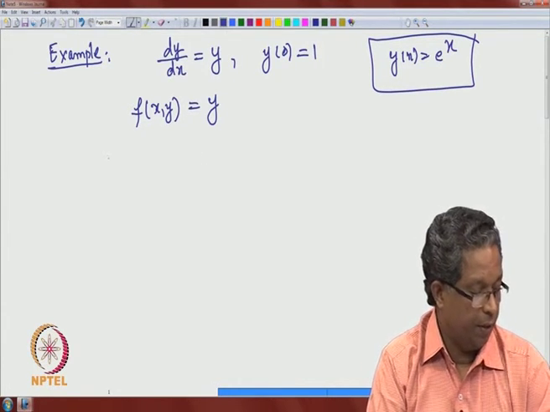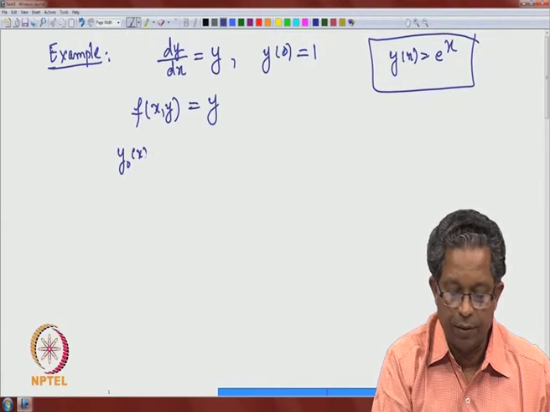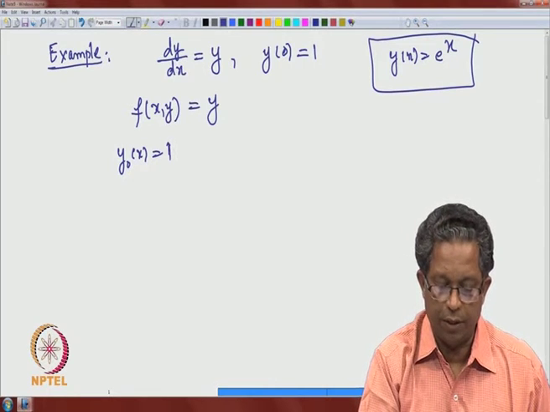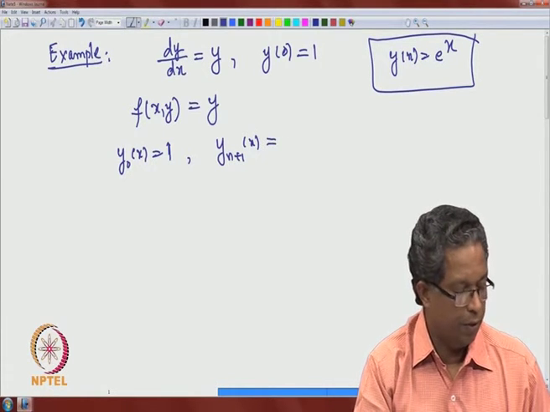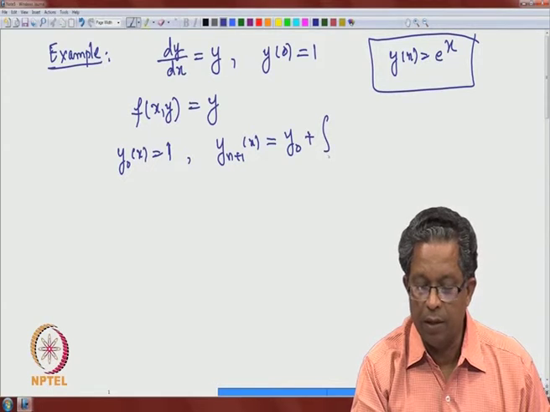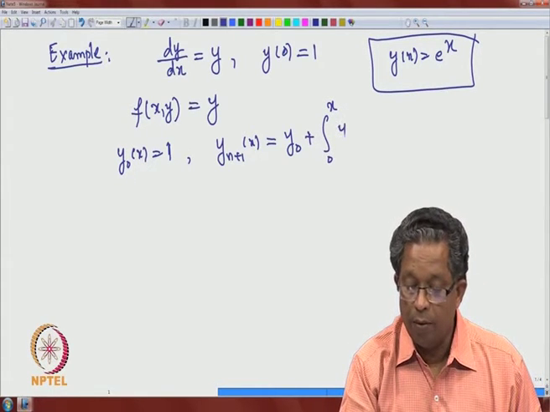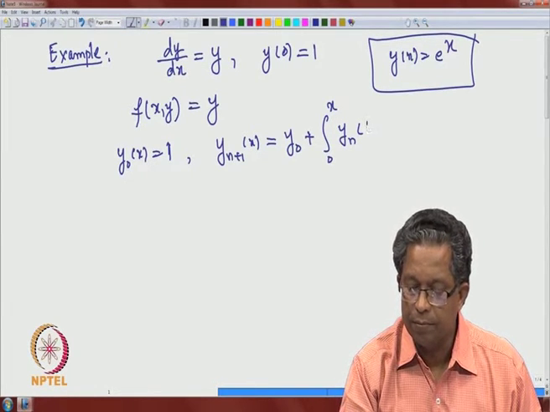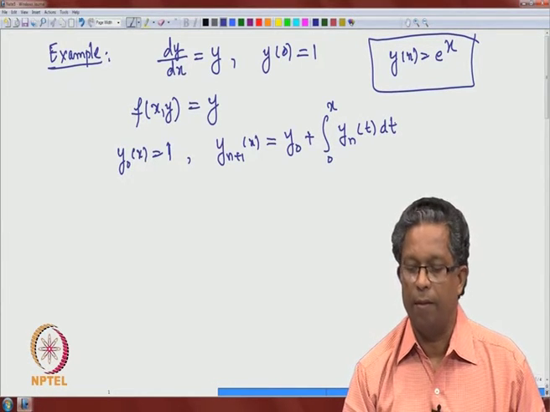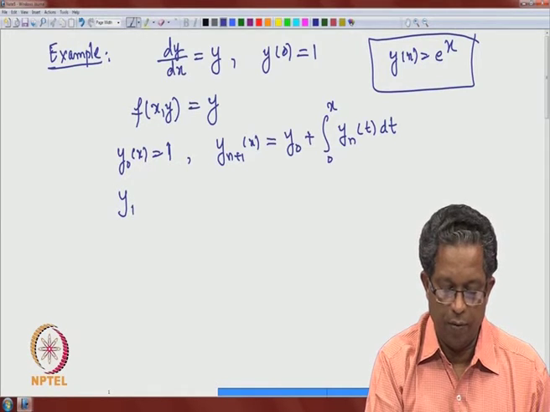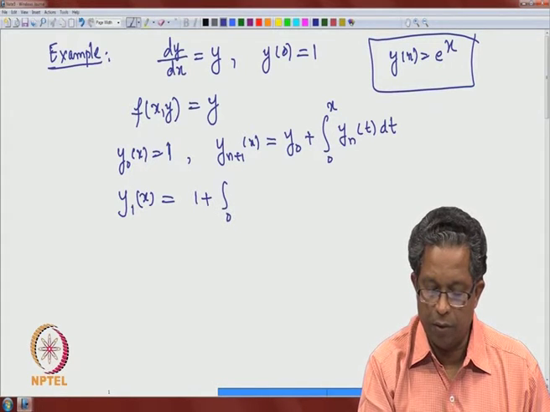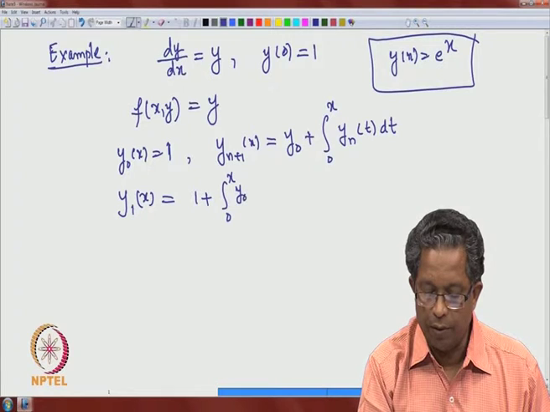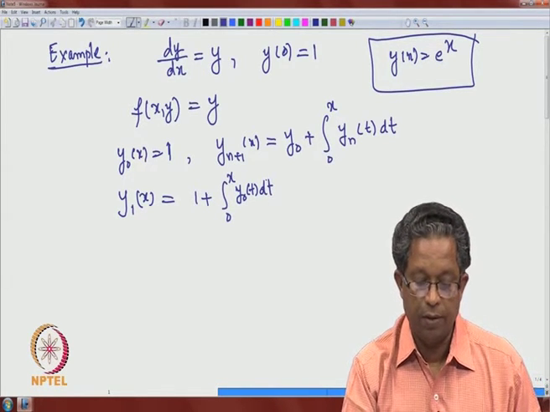So, let us define the iterates. y_0(x) is the initial function, the initial condition 1, and y_{n+1}(x) is equal to y_0 plus the integral from 0 to x of y_n(t) dt. Therefore, y_1(x) is equal to y_0, which is 1, plus the integral from 0 to x of y_0(t) dt, and y_0 is your 1.